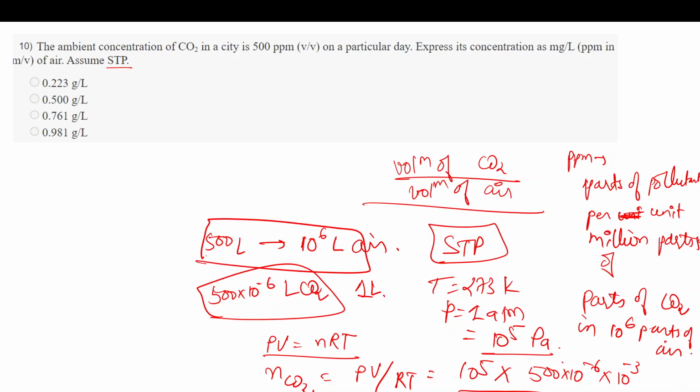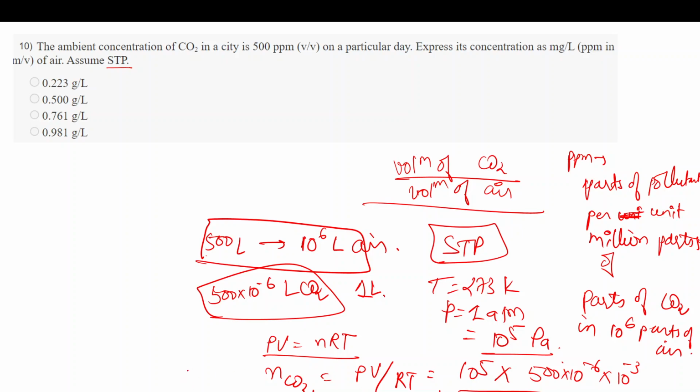So multiply all this and tell me the value. So it is 2.2 into 10 to the power minus 5 kilomoles.